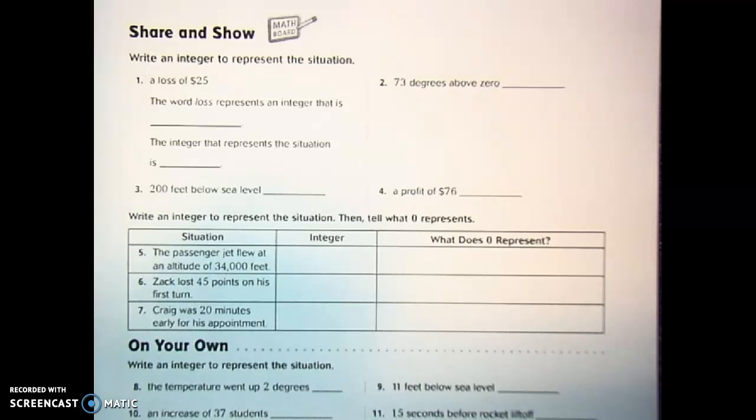Okay, we're going to go to page P272. We're going to look at the share and show. Write an integer to represent the situation. A loss of $25. Write down, do you think that's going to be negative or positive?